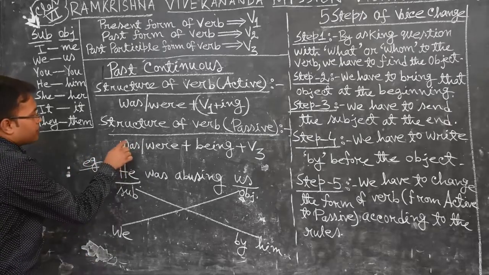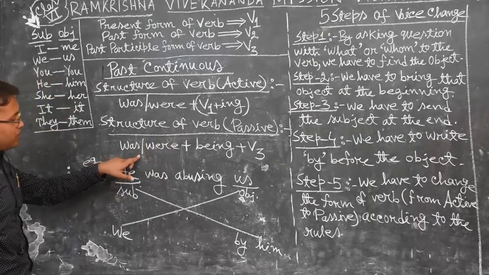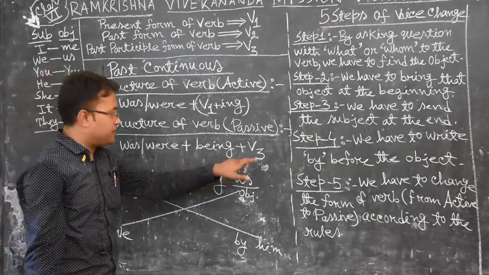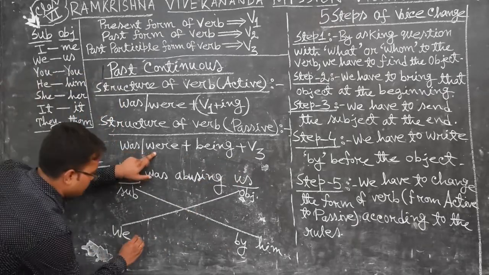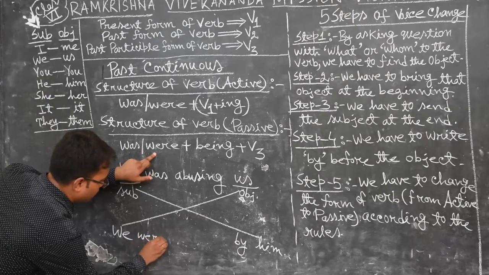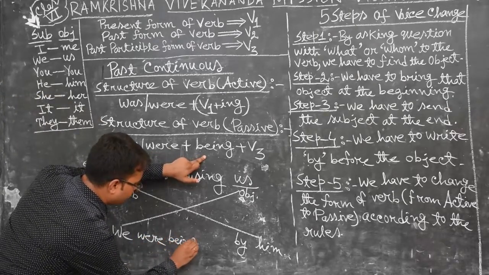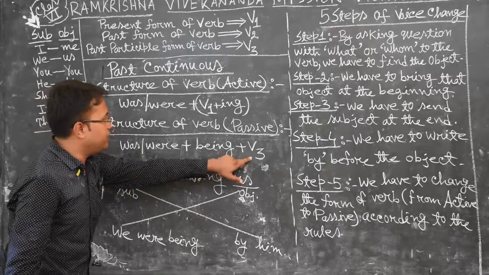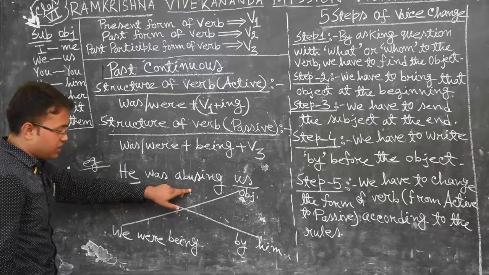Structure of verb in passive voice is was or were plus being plus V3. We were, being, B-E-I-N-G, being, V3. V3 of abuse is abused, A-B-U-S-E-D.